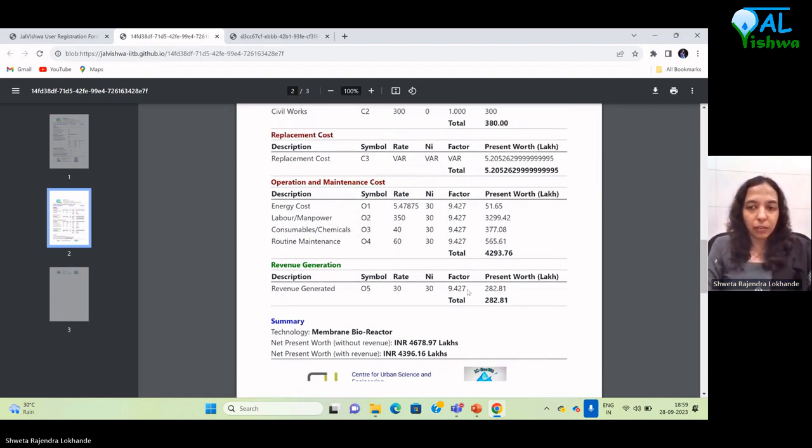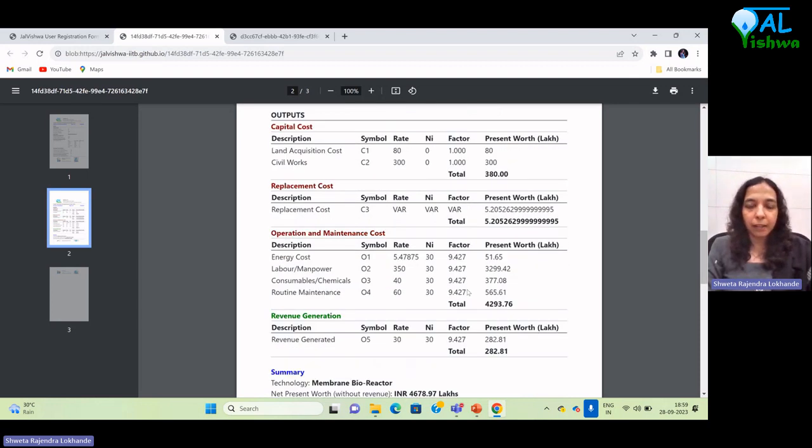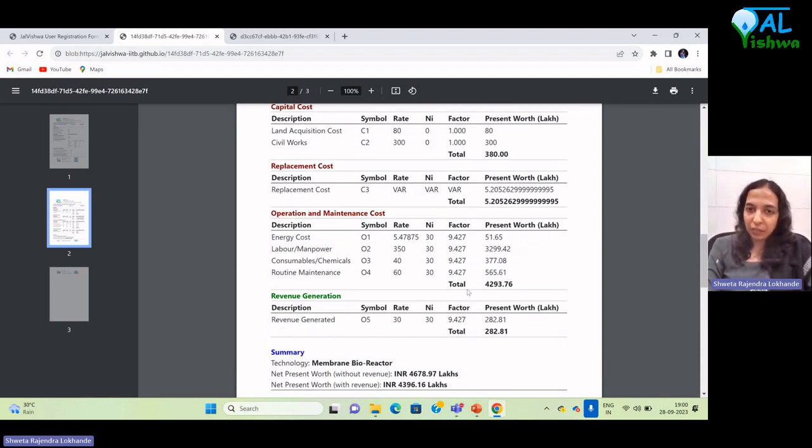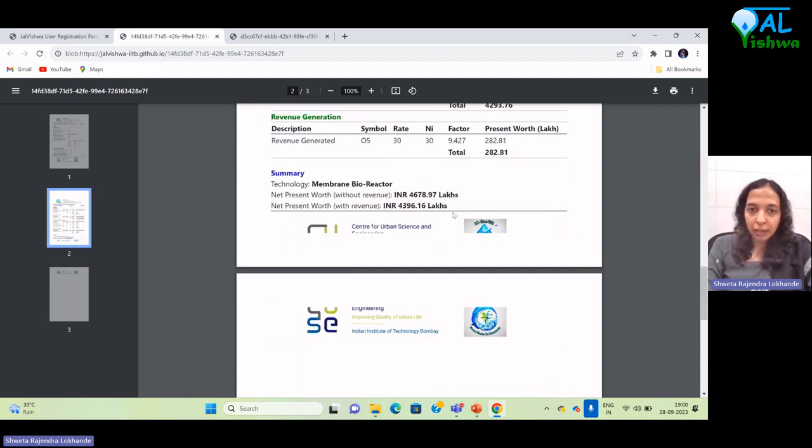Here you have to note that the purpose of the life cycle costing tool is also that you can integrate it further with the decision support tool. In order to do that, whatever technologies you will be considering for the decision support tool, if life cycle costing is one of the indicators that you are planning to use, then you will have to individually obtain the life cycle cost for your project and make a note of this summary, like the net present worth with revenue.